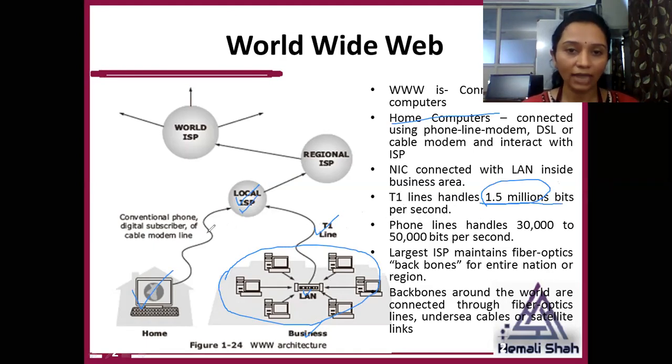Using the phone line, it basically handles 30,000 to 50,000 bits per second. Now the larger ISPs are maintained using fiber optic cable, and this is called a backbone for an entire nation or a region.